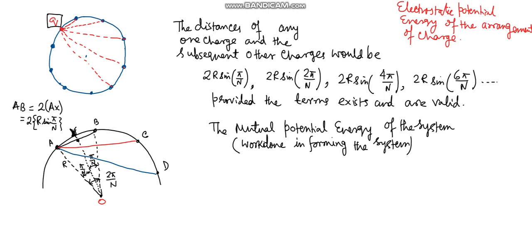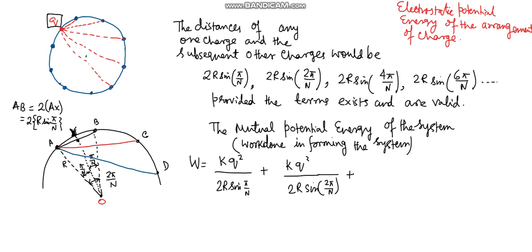So what can I write? It is equal to, I can mention it as W, it is K Q square, first two charges I am taking, divided by 2r sine pi by n. Then the next one will be K Q square divided by 2r sine 2 pi by n.